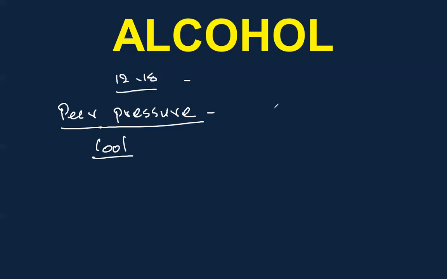And another drug is alcohol. What's wrong with alcohol? Alcohol is addictive, it's sedative, it slows down your nervous system, and your responses become slow. If you drive after drinking, it will cause accidents.